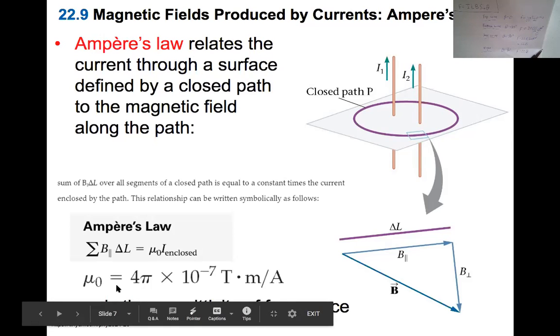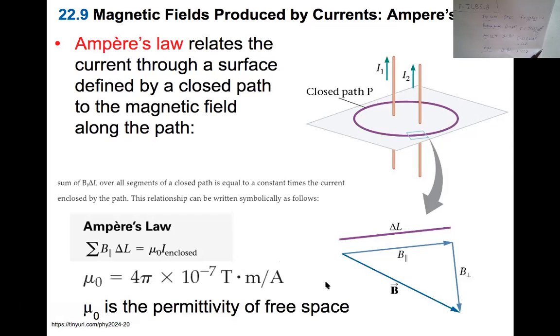This mu naught is a constant equal to 4 pi times 10 to the negative 7 tesla times meters per ampere, called the permeability of free space. This applies to free space; in other materials, mu will be a different number.